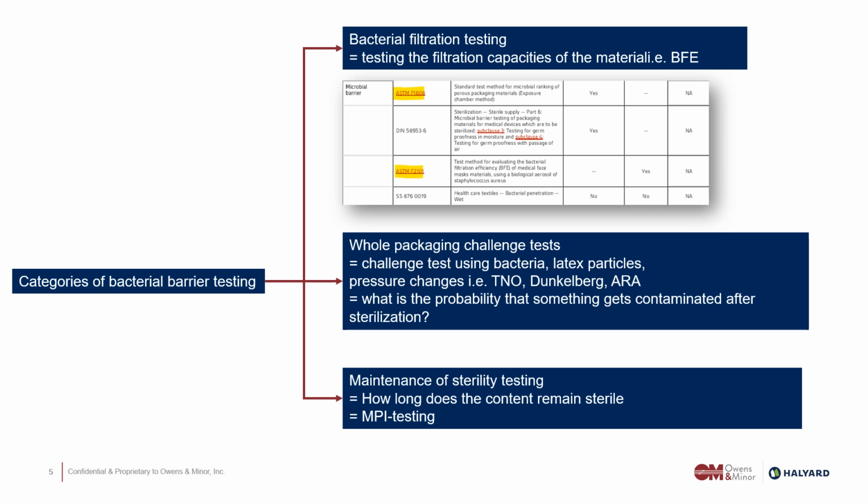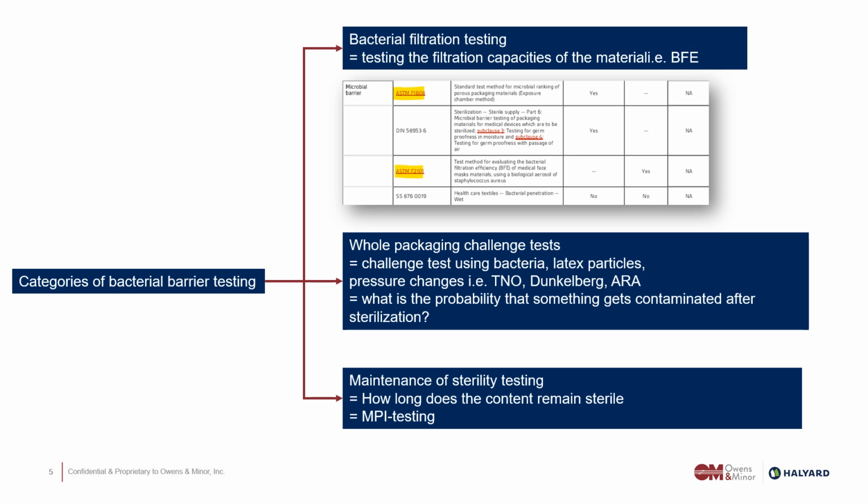By normalized, I mean they have one of these funny numbers from an official organization, and it's exactly described how these tests are done, how many bacteria they need, and it's also determined which labs are licensed to do this type of test. So the first category is: I am testing my filter.